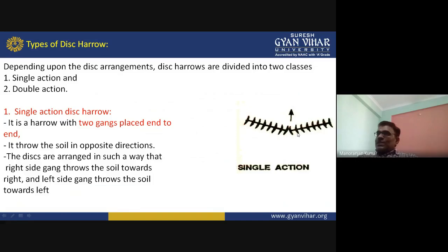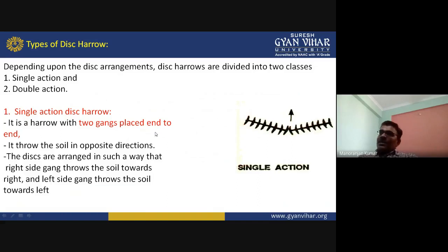Also you can see the direction of the disc. Here on the right side, the direction of disc is to the right side, whereas the direction of disc on the left side is to the left. So the right side disc will throw the soil in the right direction, whereas the left side disc will throw the soil in the left direction.